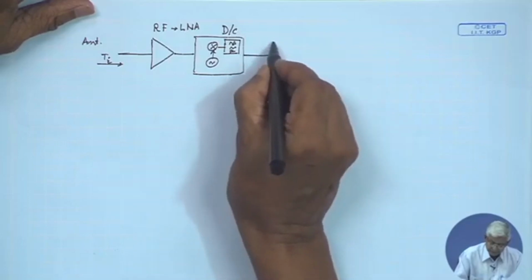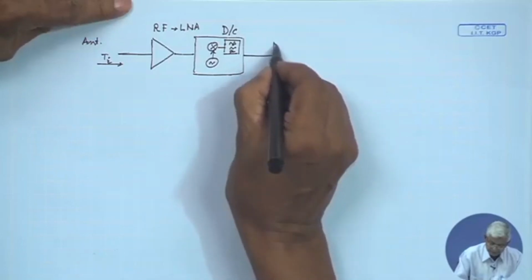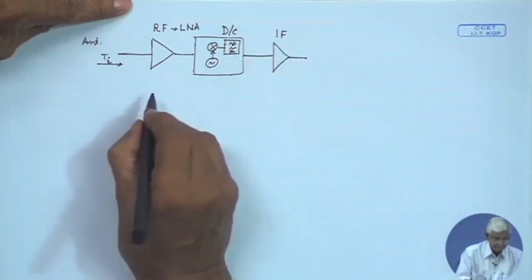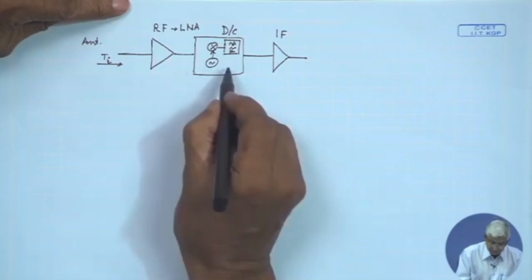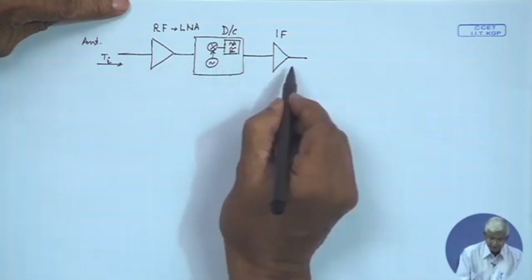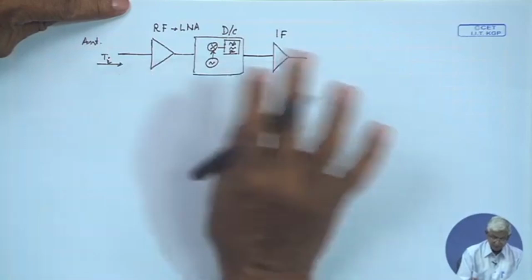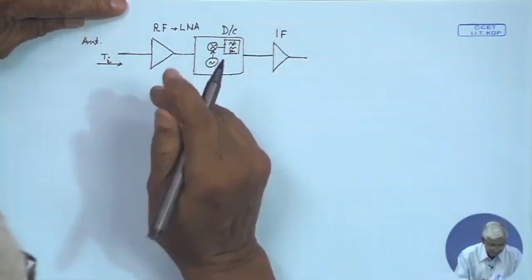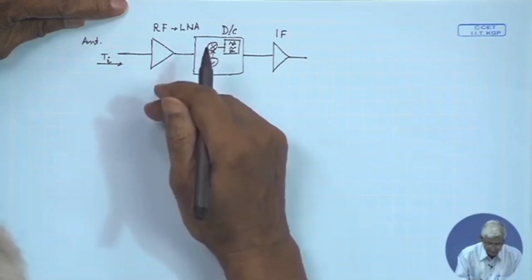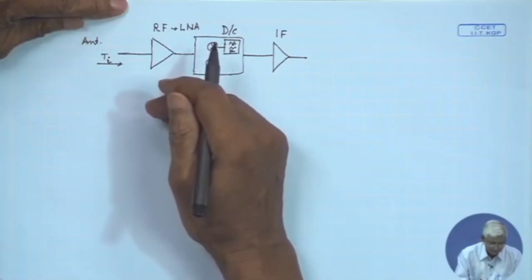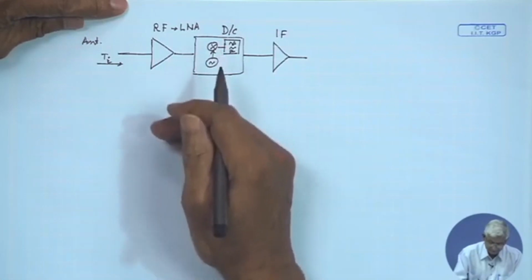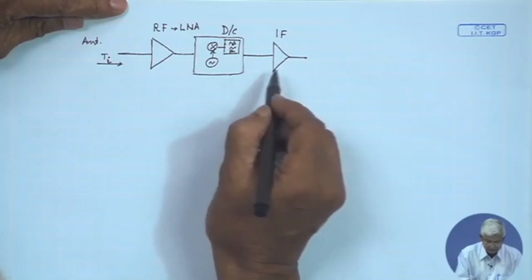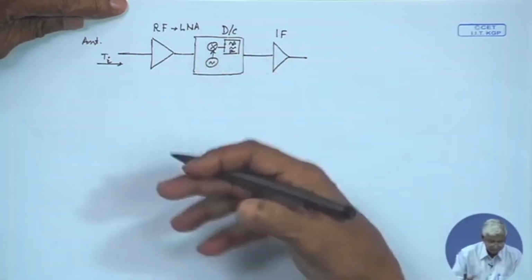Then the down converted signal has to be amplified by an amplifier, which is the IF amplifier. Now, selection of the gain and noise temperature of each of them, assuming all of them operate in the same bandwidth, is very important. I will pose a couple of problems with different numbers by changing their gain and temperature, and you will find the effect of that.